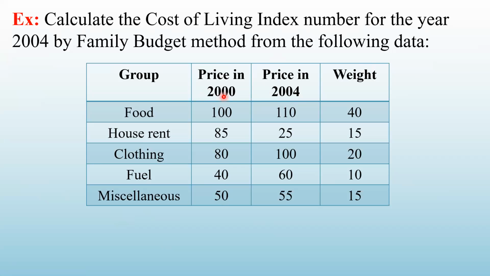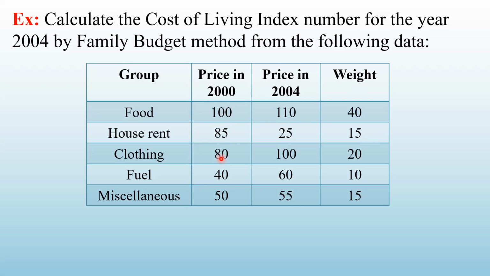So this column will stand for P0, this column for P1, and the weight we denote by W. Different groups: food is given, the price in the base year is 100, in the current year 110, and the weight is 40. Similarly for house rent, the price in the base year is 85, in the current year 25, and the weight is 15.